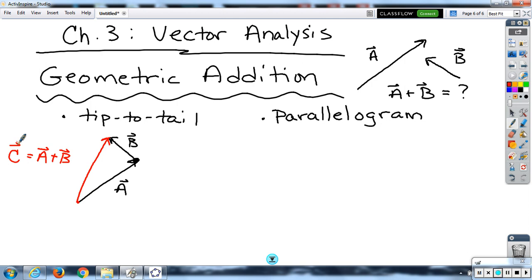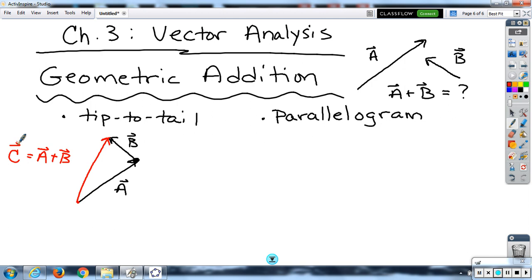It is larger, so the length of C is larger than the length of A. It's larger than the length of B, but it's less than the lengths of A plus B combined. All right, important little fact for you to remember.